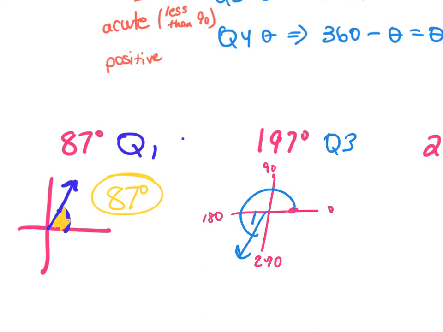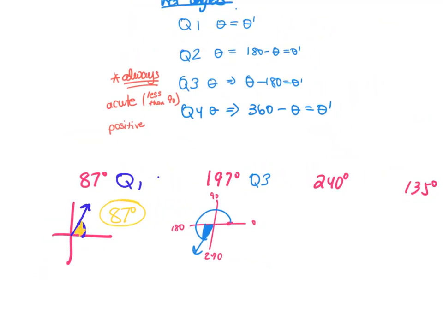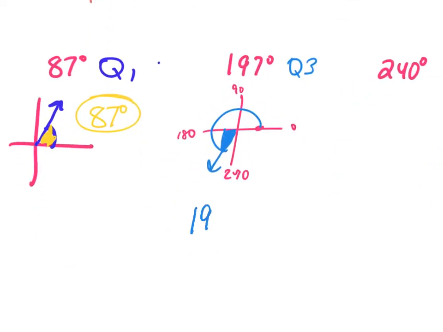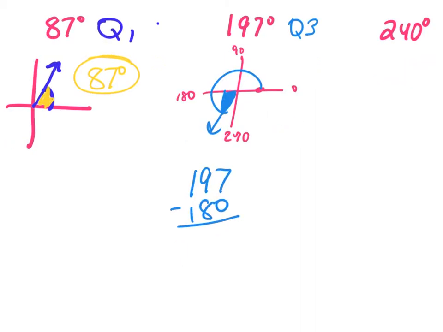So it would be right here. What is the rule for quadrant 3? The angle that they give you minus 180. So 197 minus 180 equals 17 degrees. Check. Is that number positive? Yes. Is it acute? Yes. So you're good to go.